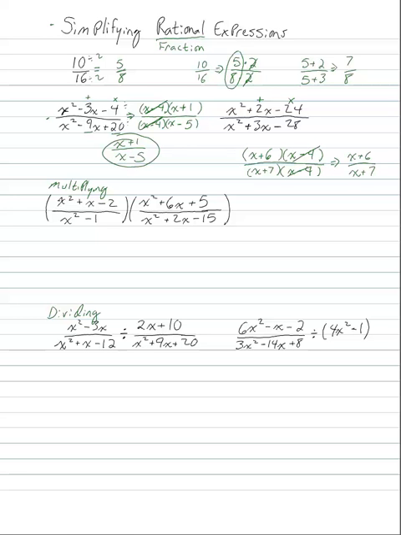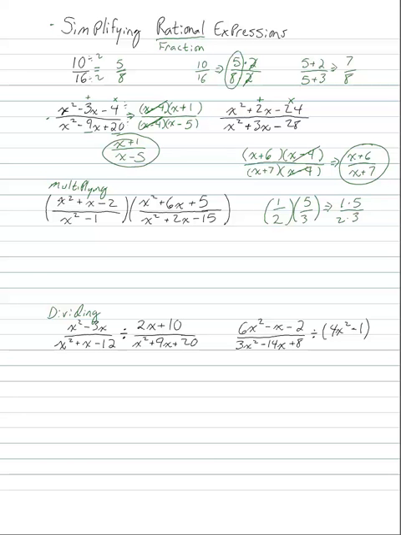And I'm done. Okay, so let's look at multiplying. Hopefully you remember how to multiply fractions. When you multiply fractions like 1/2 times, let's say, 5/3, you just multiply straight across the top and straight across the bottom, and you simplify if you can.